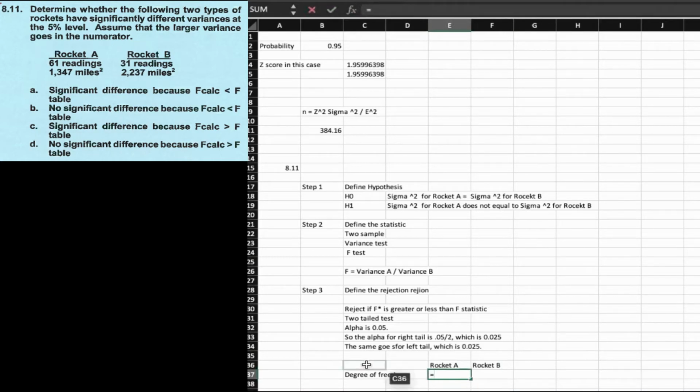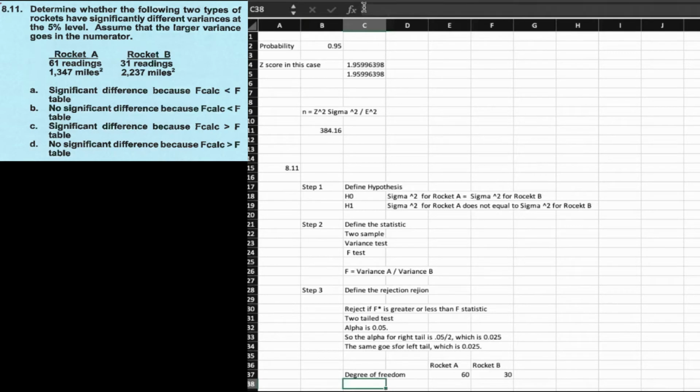We know rocket A, it says 61 readings, right? 61 readings minus 1 is going to be 60. That's the degree of freedom that you have. And for rocket B, that's 31 minus 1, so it's 30. Right, that's the degree of freedom.